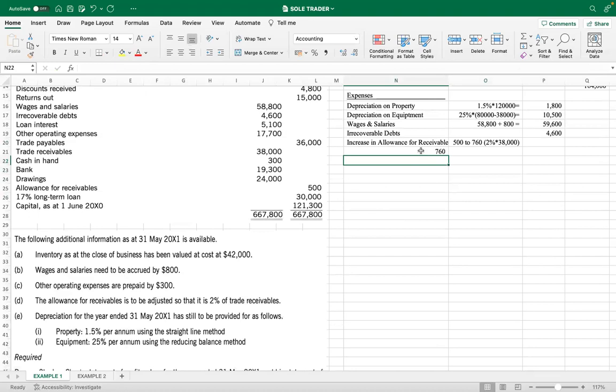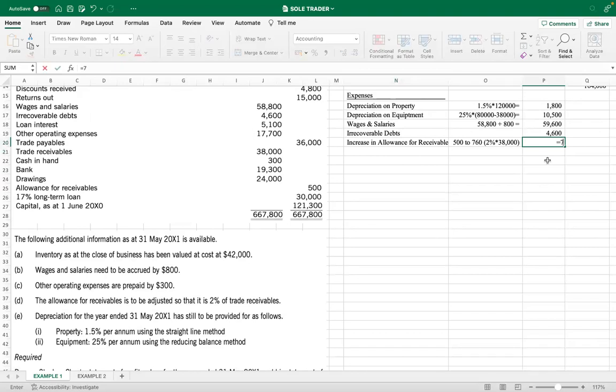So 760. So 500 to 760. So that's an increment of 760 minus 500, so it's an increment of 260. So if it was a decrease, you add it to gross profit. If it's an increase, it's an expense.